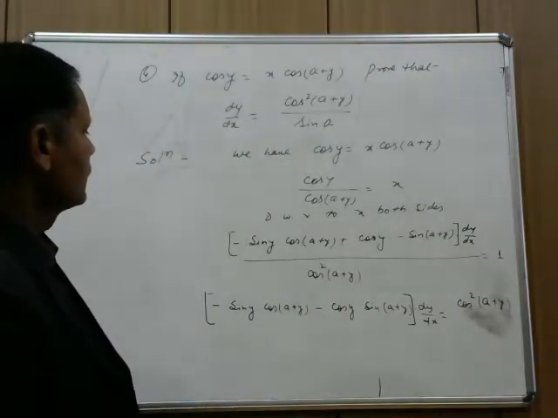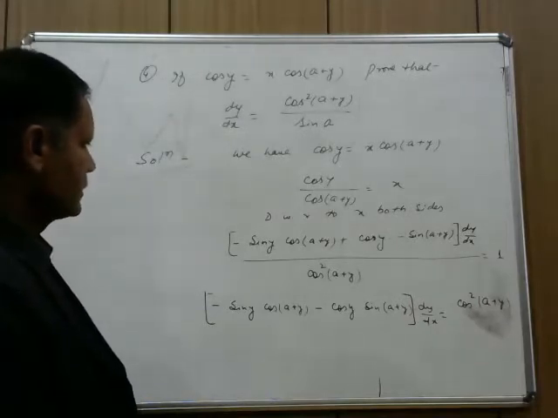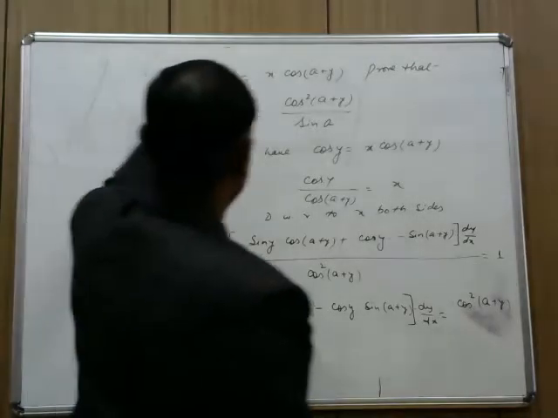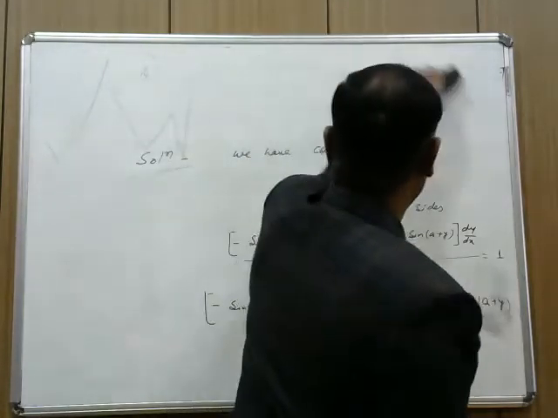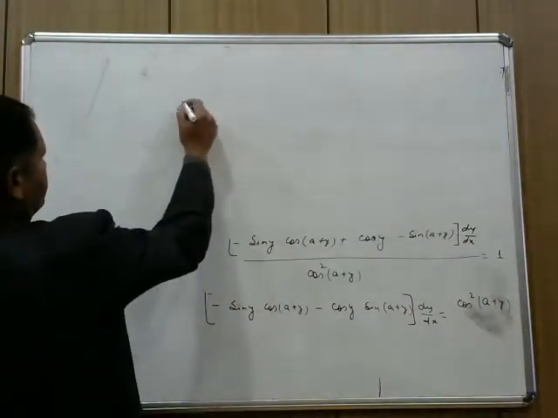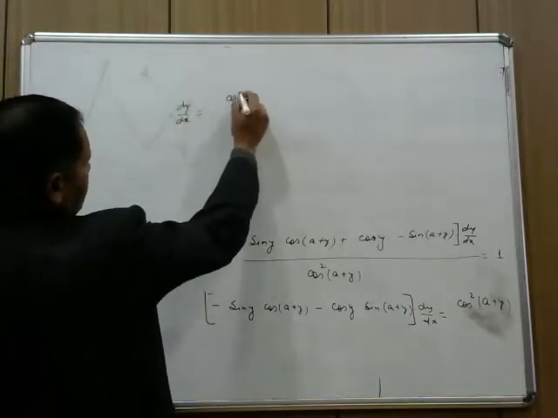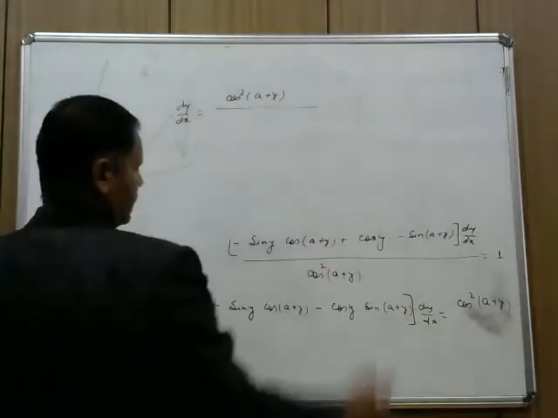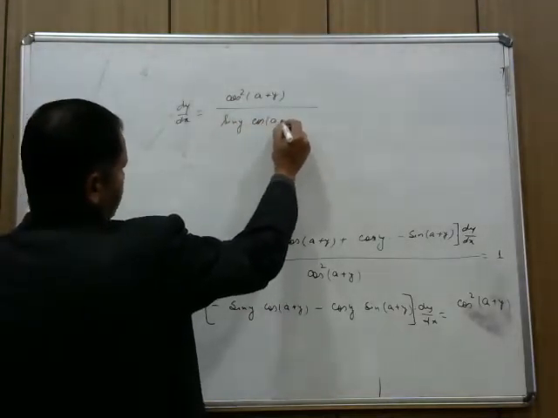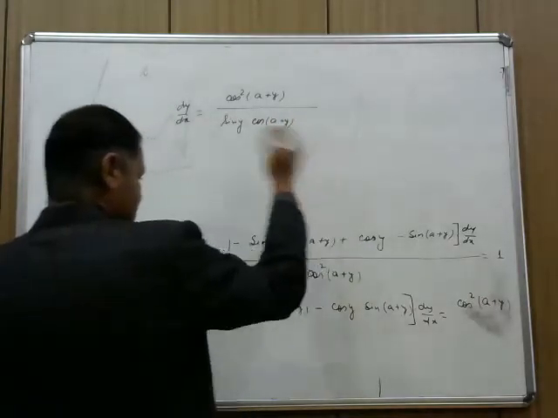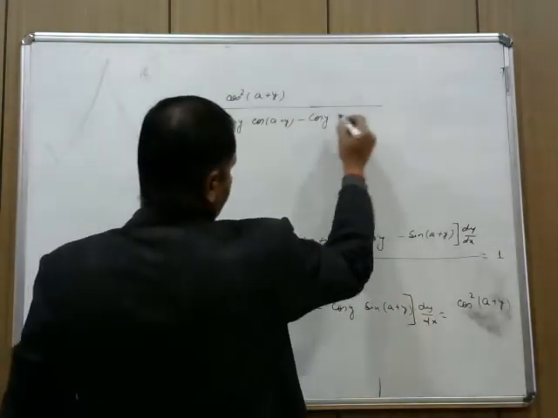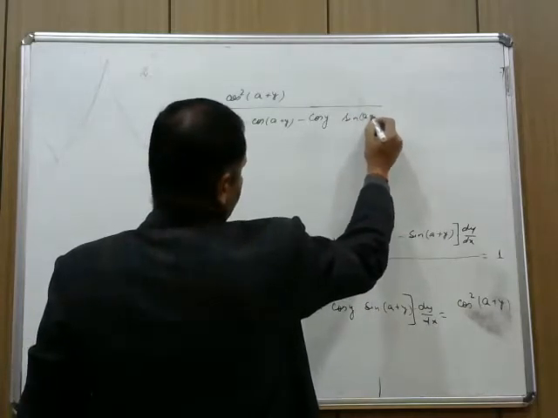Now can I write dy by dx is equal to, therefore dy by dx is equal to cos square (a plus y) whole divided by sin y into cos (a plus y) minus cos y into sin (a plus y).